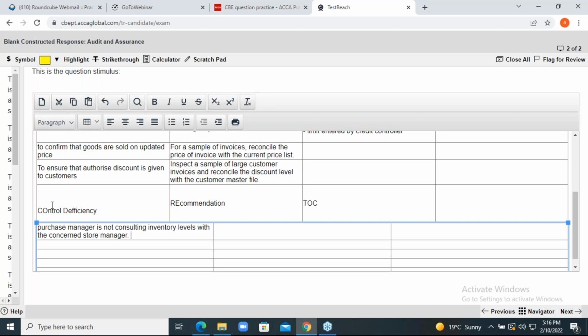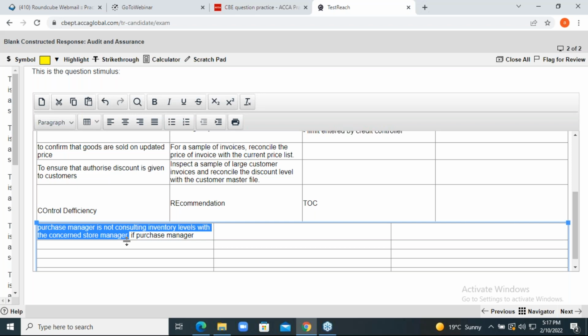Now what is the problem? Now what some students do, they just write this piece of information and they will say that this is the line in which the control deficiency is hidden. No, not at all. As a student, if you want to get 1 mark per deficiency, you need to explain how it is a deficiency.